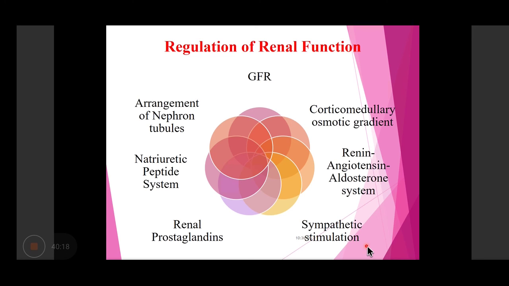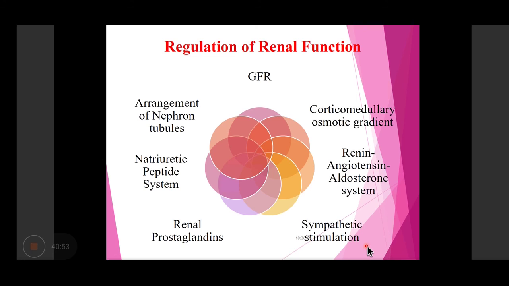Then the arrangement of nephron tubules can also control the urine formation, because the cells of the PCT are in close contact with the cells of the ascending limb of loop of Henle. And what are these cells ultimately going to form? The cells of the PCT along with the cells of the ascending limb of loop of Henle get modified, no?